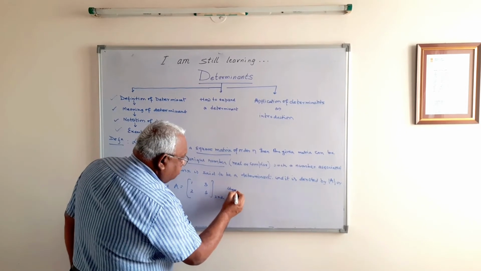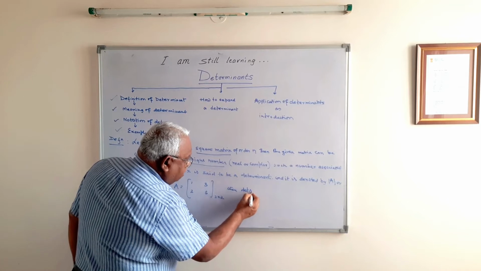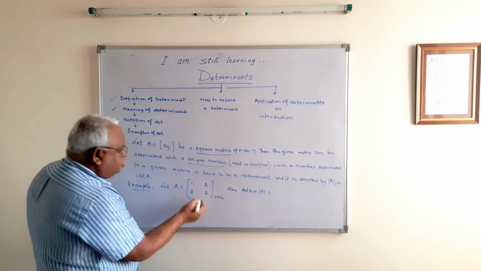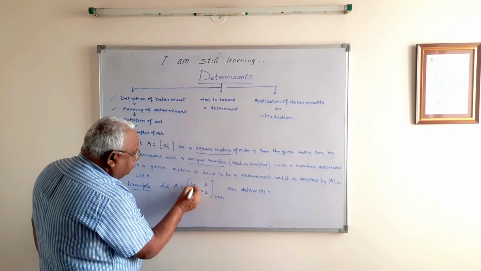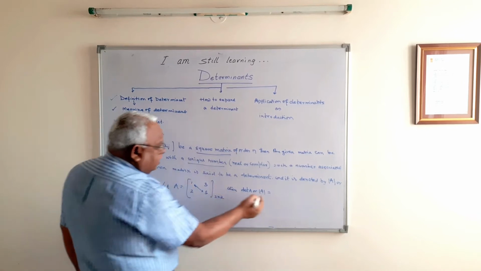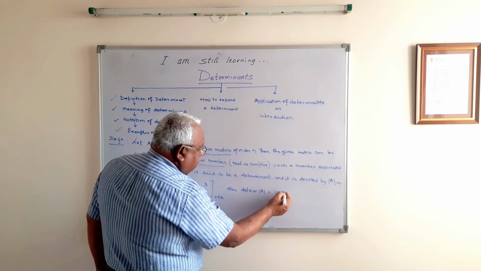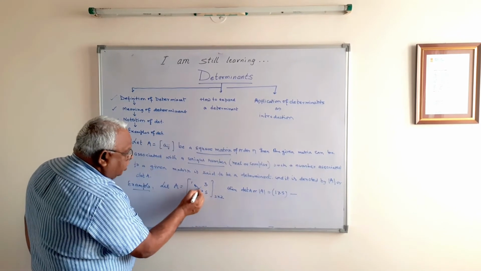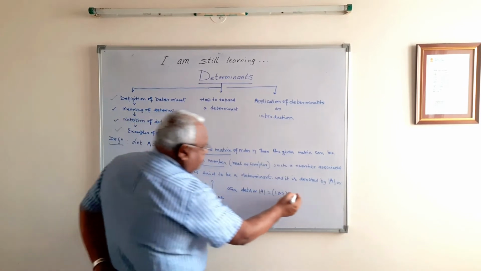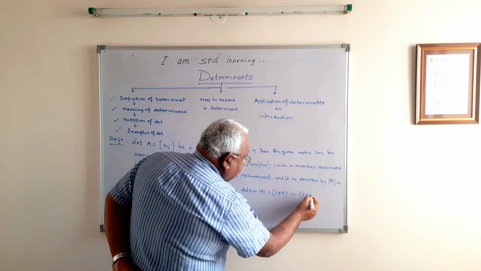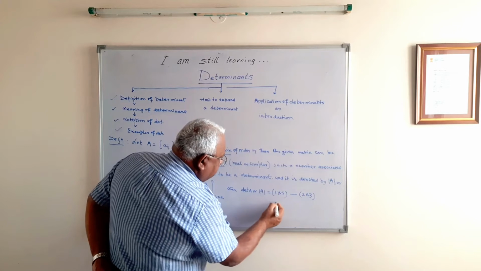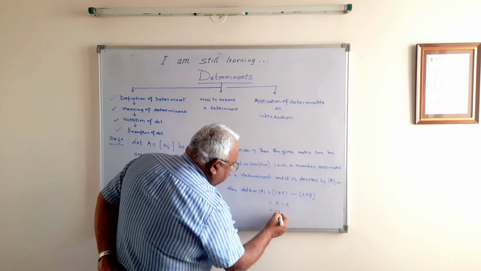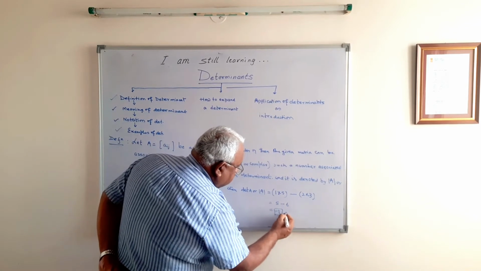Then determinant of A, as per definition I told you, first you multiply the elements on the main diagonal, that is 1 into 5, and then operational sign between them, and then cross multiply this. This is a very simple example. So answer is 1 into 5 minus 6 is minus 1.